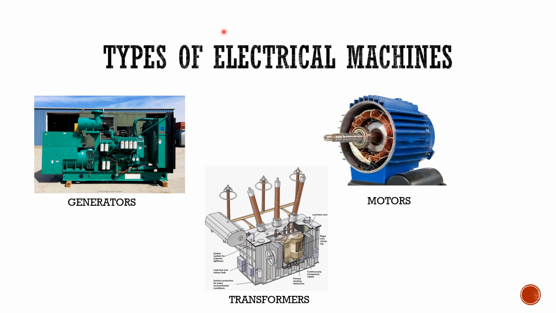Generators and motors have moving parts. We're going to talk about the parts later, but transformers don't have moving parts, but they have a way to convert and to change the voltage level. So they change the voltage level, so that's why they call it an electrical machine, because they convert energy.